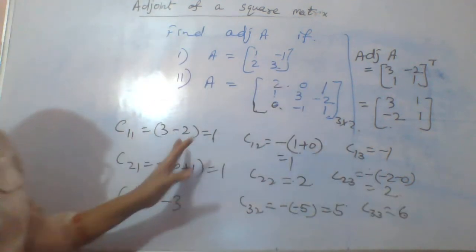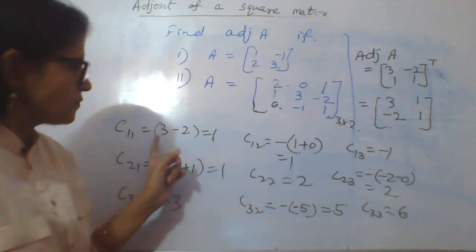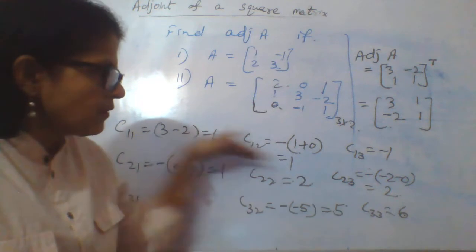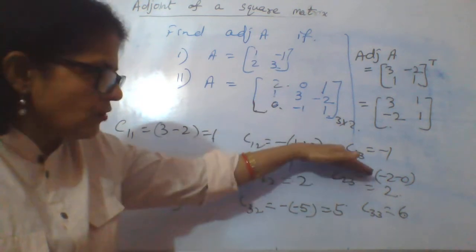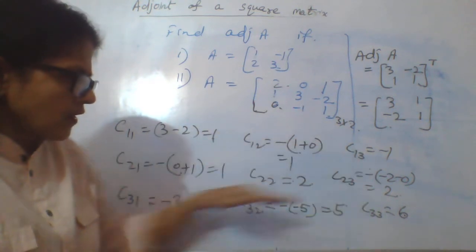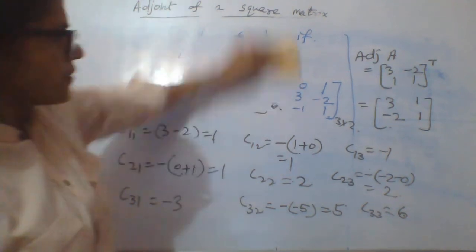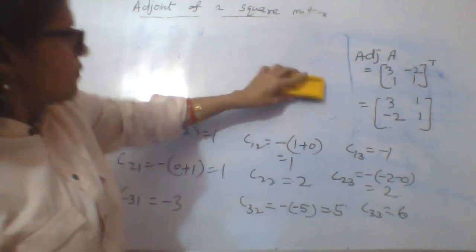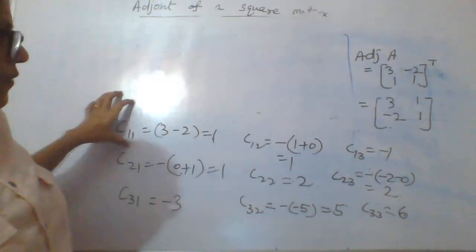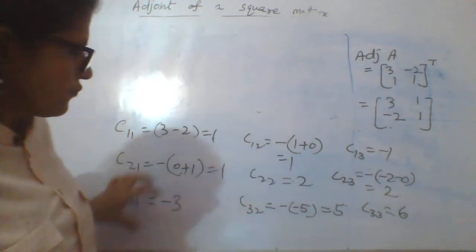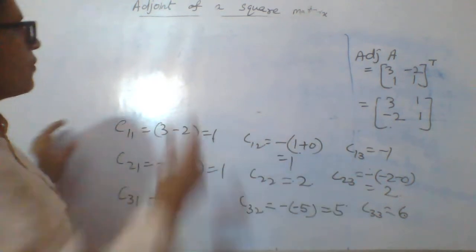While taking the cofactors, you might have observed I have taken C11, C12, C13, which means I have taken the cofactors row-wise. Similarly, second row, third row. And whenever we take the cofactor matrix, it will be like this: C11, C12, C13, C21, C22, C23, C31, C32, C33.